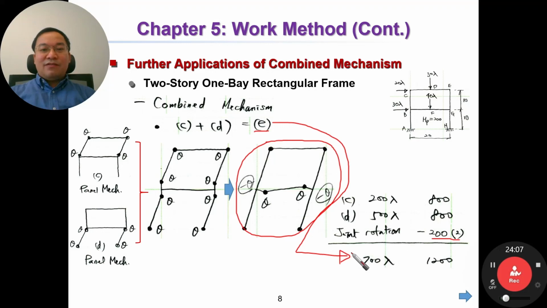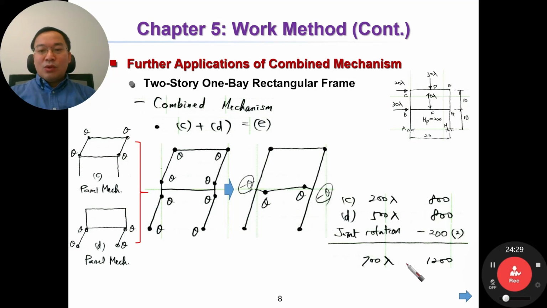For E mechanism, we have this is 700 lambda. Here is 800 plus 800 minus 400 equal to 1200. Okay, 1200.